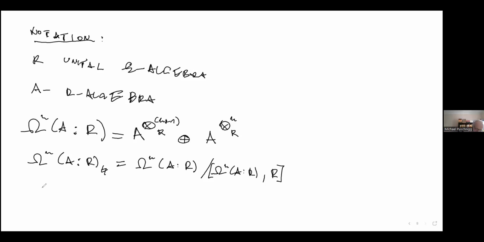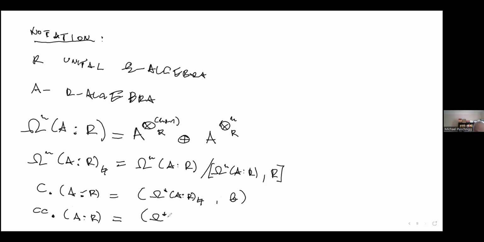And so this allows you to write down a relative version of the Hochschild complex relative to R, where you take these differential forms relative to the base R, divide by the commutators, and have little b as differential. You may take the cyclic bicomplex here, or this is the same module, but you take as operator little b plus capital B.